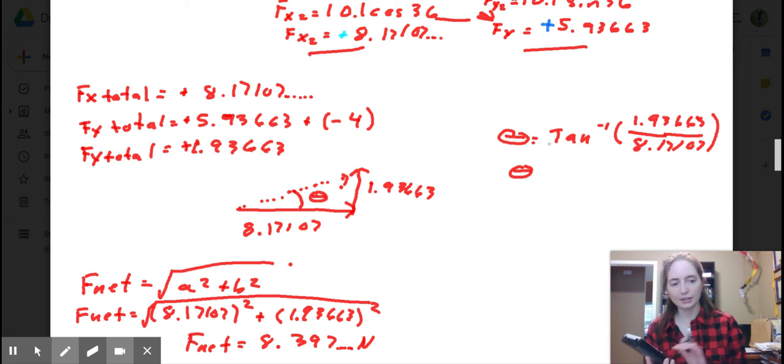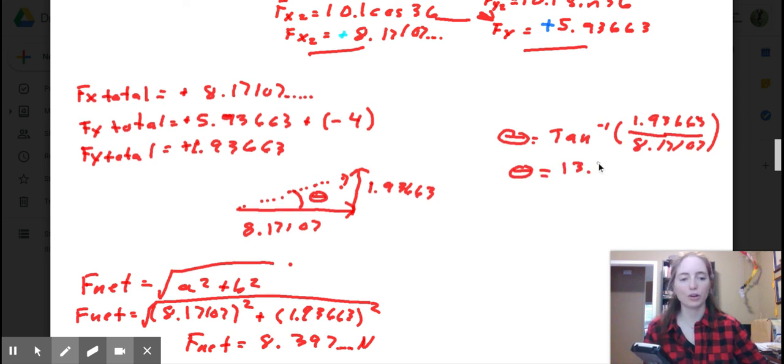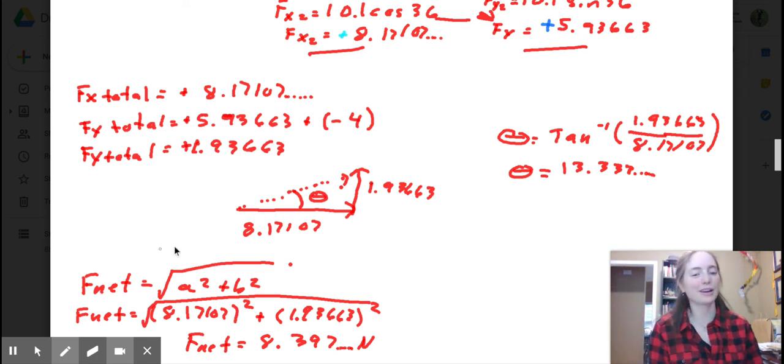So second tan, and then your 1.9366, and you're going to divide that by your adjacent. Okay. And you're going to get a theta of 13.333 degrees.